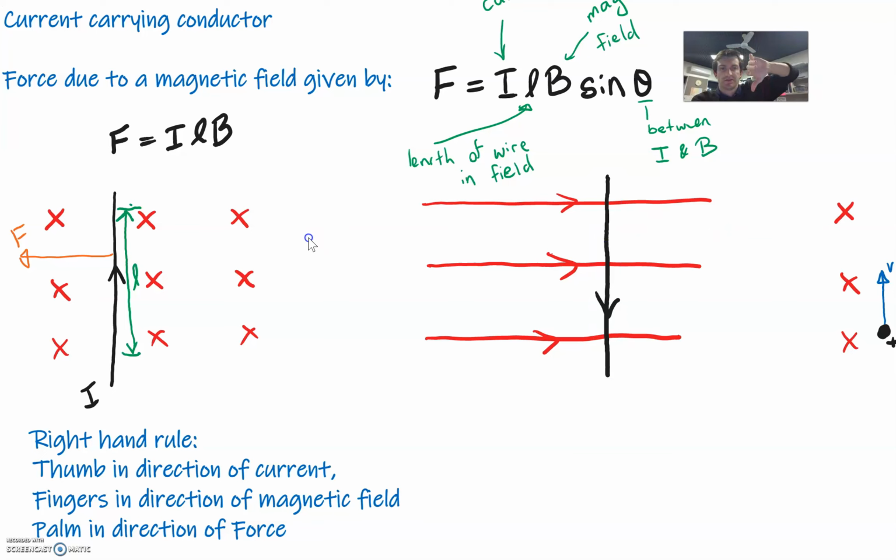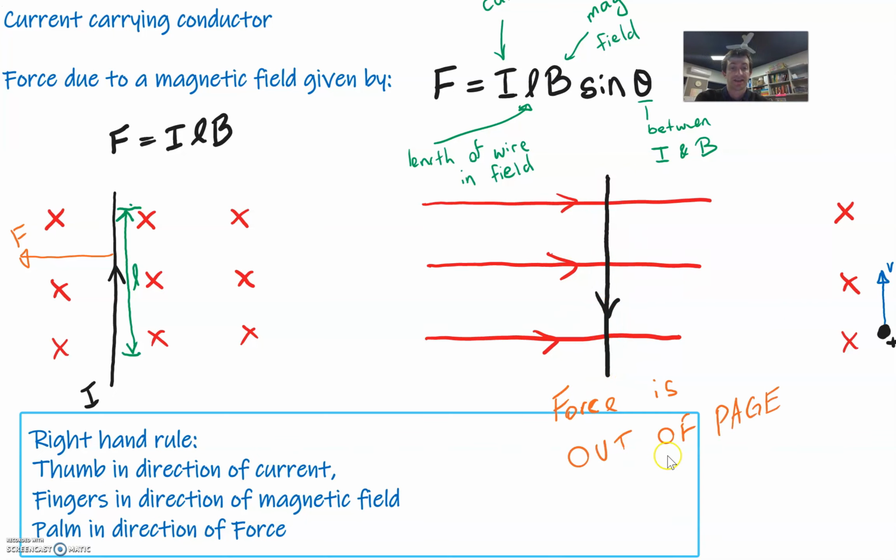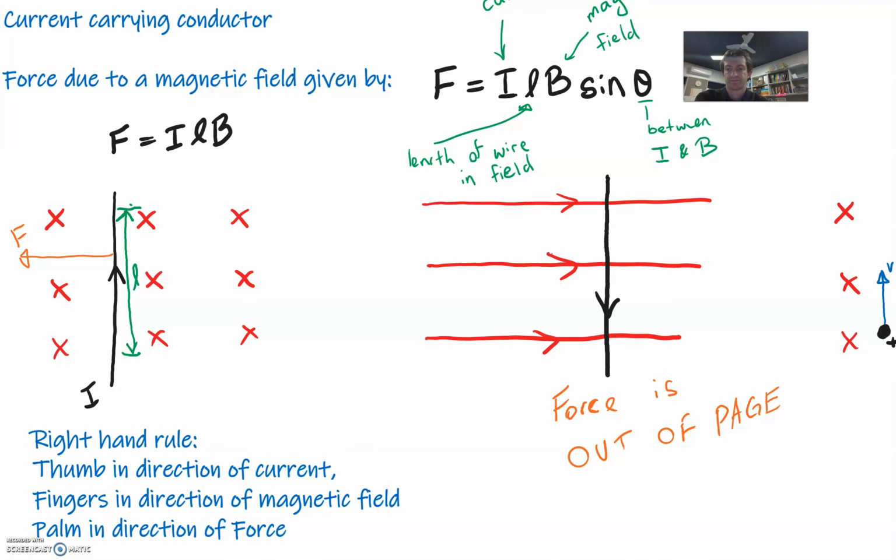Then our fingers point like this for the direction of the magnetic field, and you'll find your palm is pointing towards yourself, giving us a force out of the page and towards you. So the direction of the force in this case is out of the page.